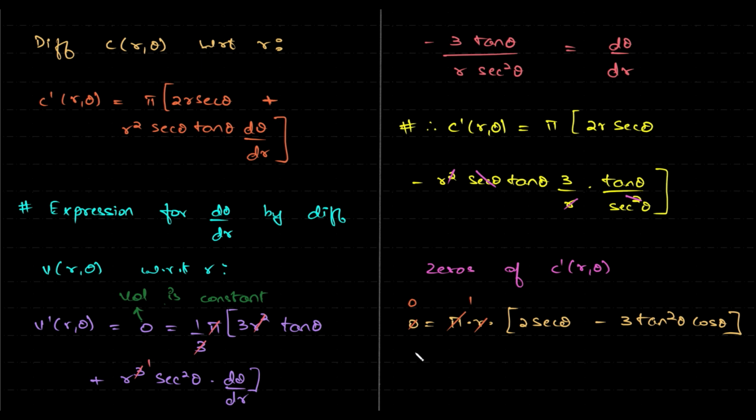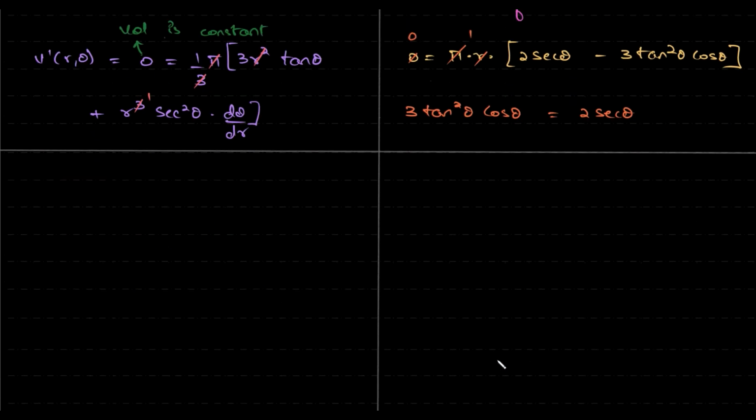okay, let me do this. 3 tan square theta cos theta is equal to 2 secant theta, right? So we need a bit of simplification now. So this is 3 sine square theta by cos theta into cos theta is equal to 2 by cos theta.